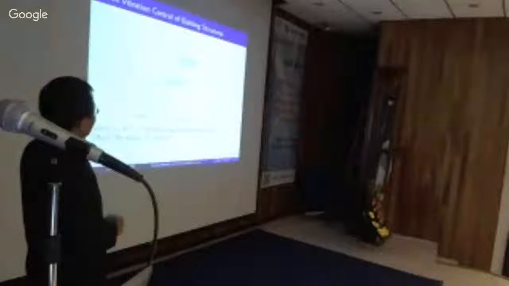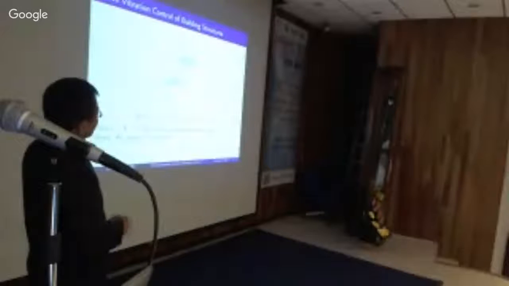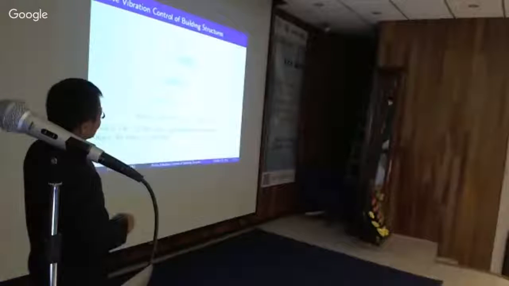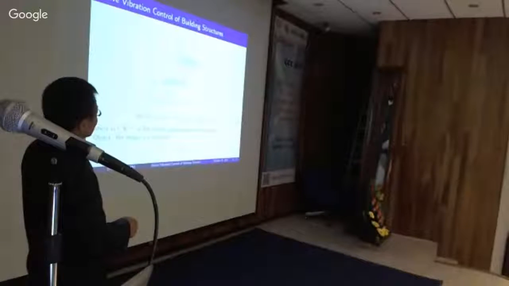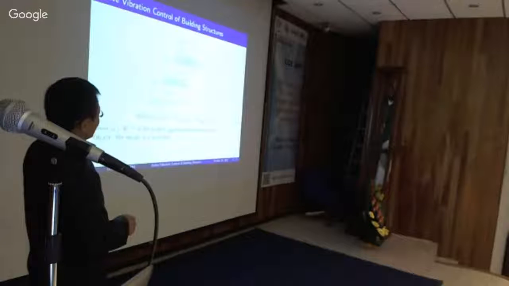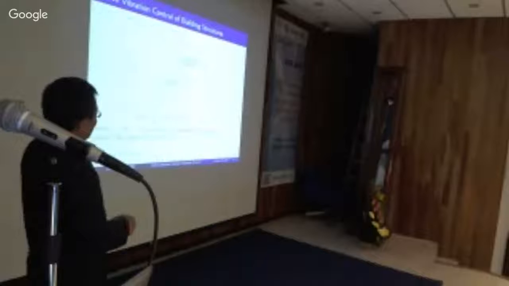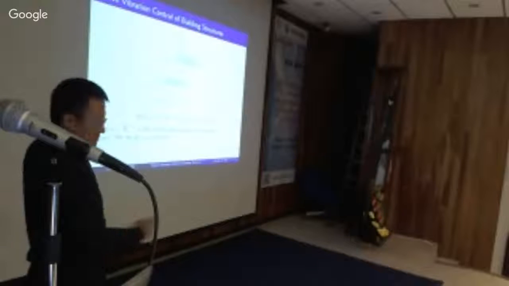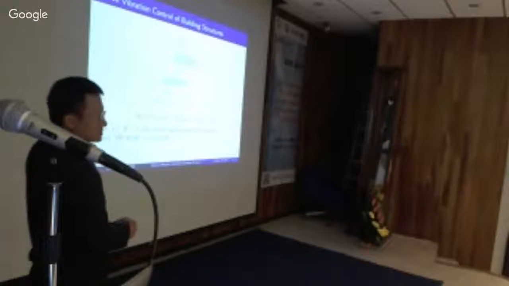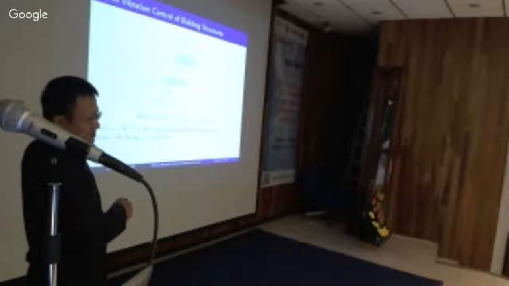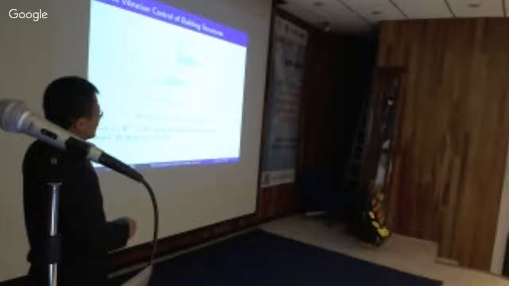Okay. And you can see this is like a robot control. It's a mechanical system. The force is from the structure, this part, and here the force from the earthquake, and this force is my control. So we need to design this control.